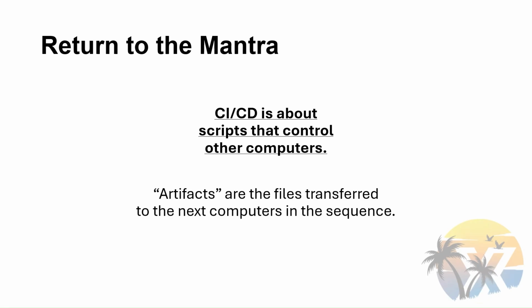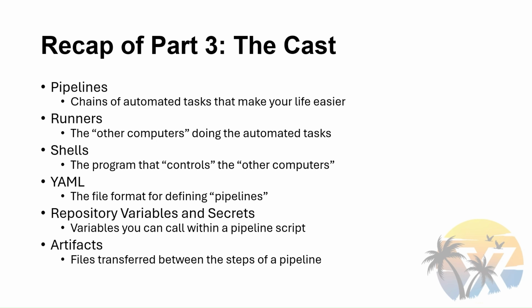CI/CD is about scripts that control other computers. Artifacts are the files transferred to the next computers in the sequence, in the chain of tasks. Recap, the cast. Pipelines, chains of automated tasks that make your life easier. Runners, the other computers doing the automated tasks.